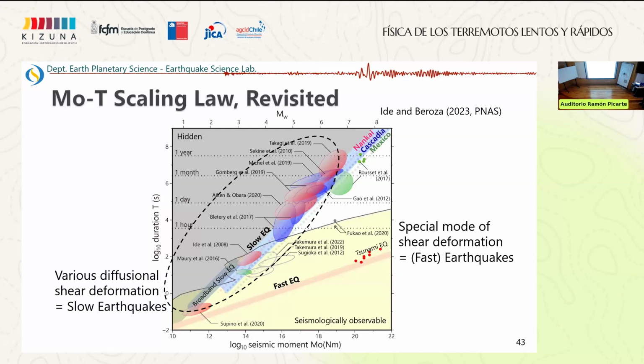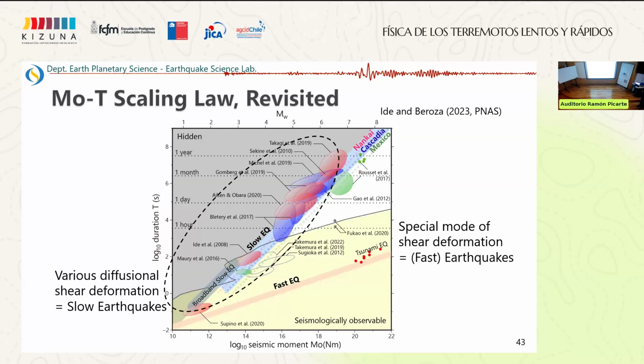But these two processes are very fundamental in physics. So there is one group of events controlled by wave equation, and another group of events controlled by diffusional process. And diffusional process can be very slow and also ubiquitous.